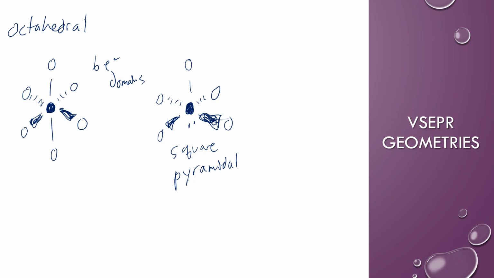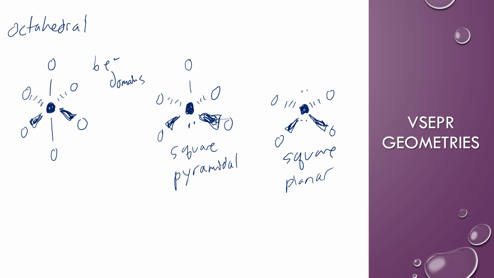If 2 of them are lone pairs, then both axial ones are gone, and your lone pairs are like that. And this one is called square planar because all 4 of the remaining atoms are in the same plane.